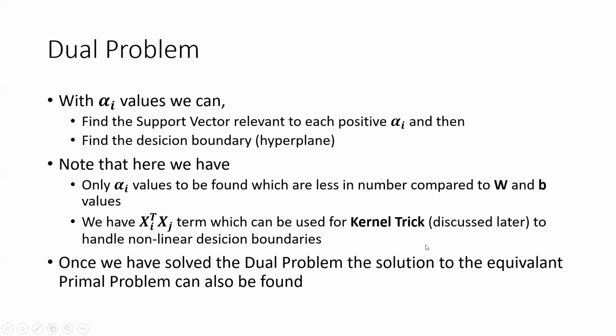This kernel trick is used especially when the decision boundaries are non-linear. That means when the classes are not linearly separable, then we would have to use a non-linear decision boundary. In these kinds of cases, we can use the kernel trick, where it would automatically convert this few-dimensional data set into multiple dimensions.